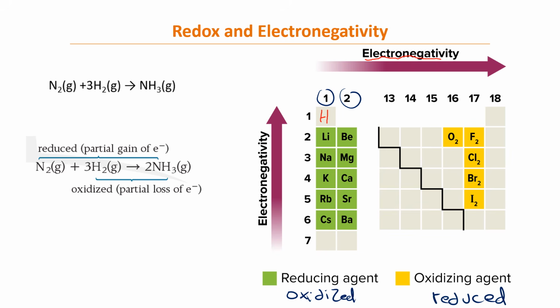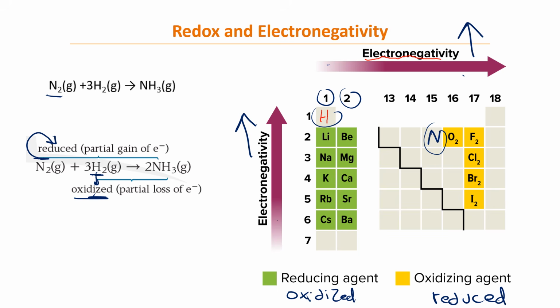So that's why here look at N. So N is here actually. So N will be reduced, and H will be oxidized. And exactly that's what they are saying. ولأنه electronegativity من اليسار لليمين increases, and from up to down increases as well.